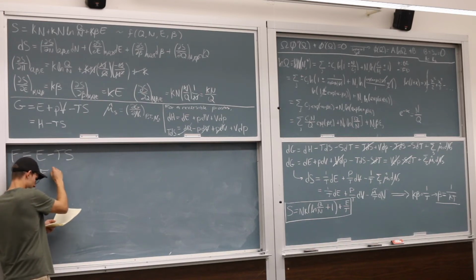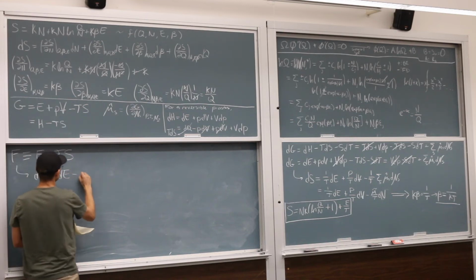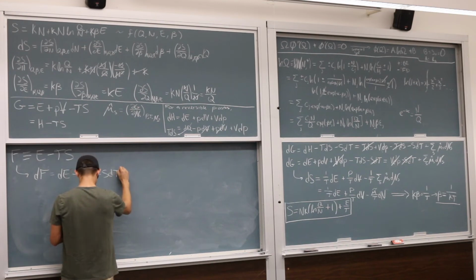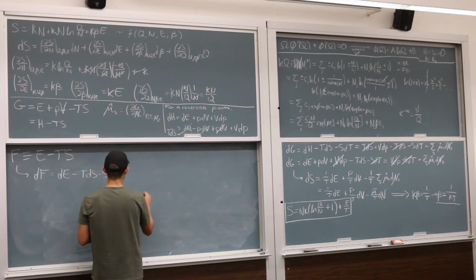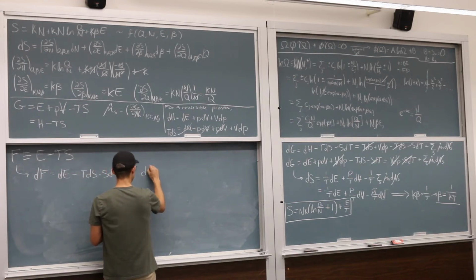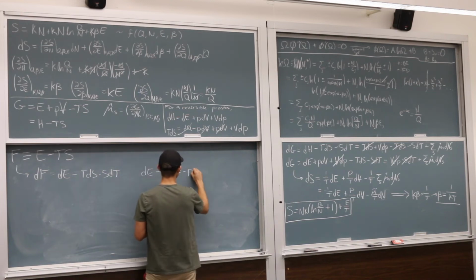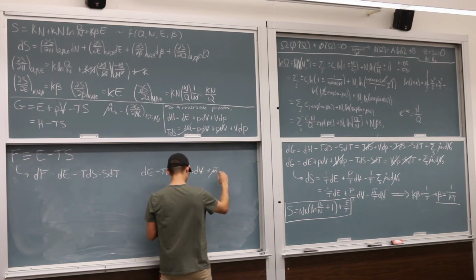You have dF is equal to dE minus T dS minus S dT. And then we know from before that dE minus T dS is equal to minus P dV plus mu tilde dN.